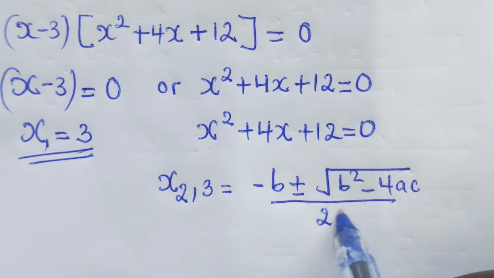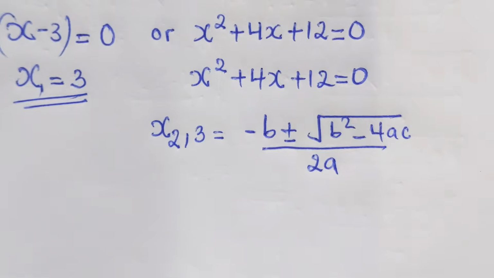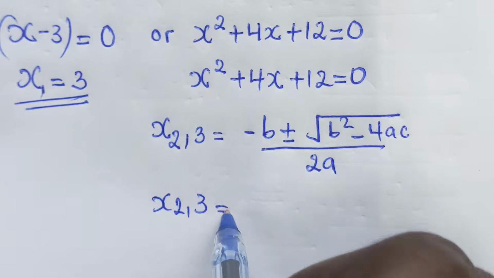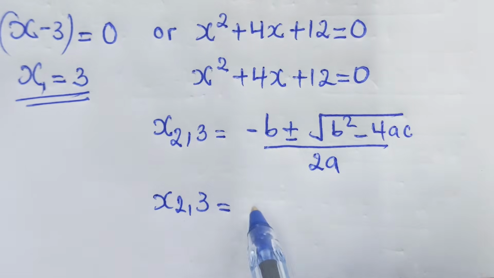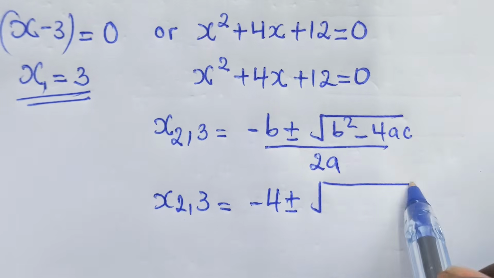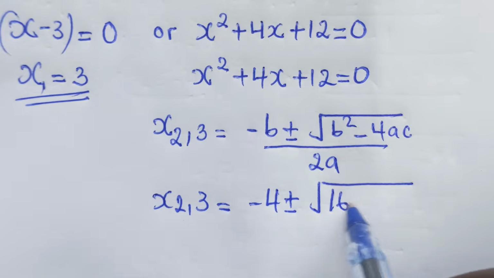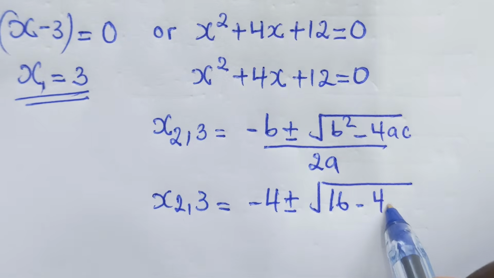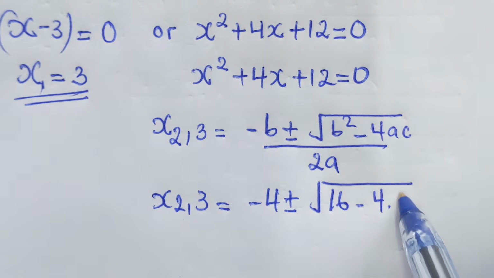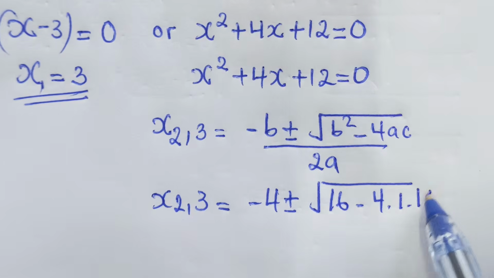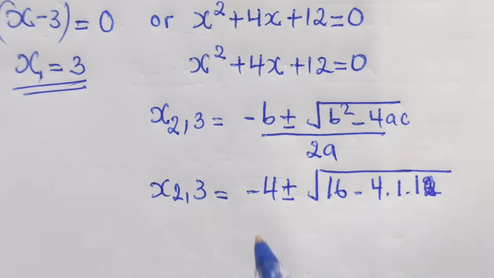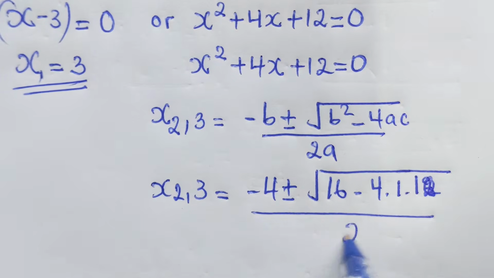over 2a. Then x2 and 3 equal to negative b, which is negative 4, plus or minus the square root of b^2, which is 16, minus 4 times 1 times 12, over 2.